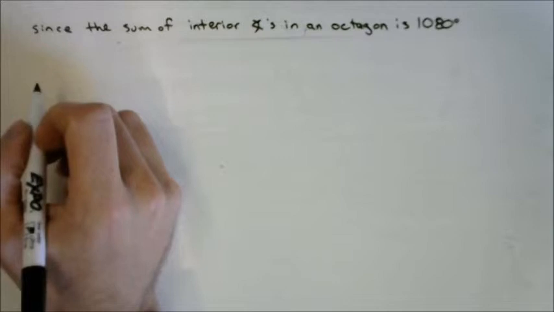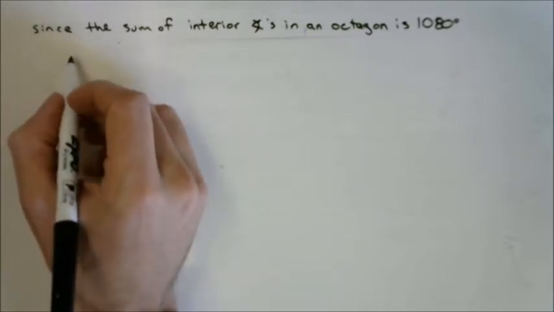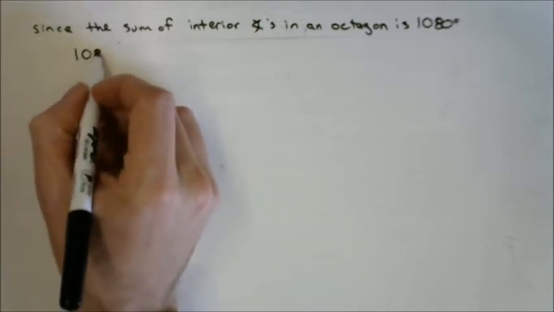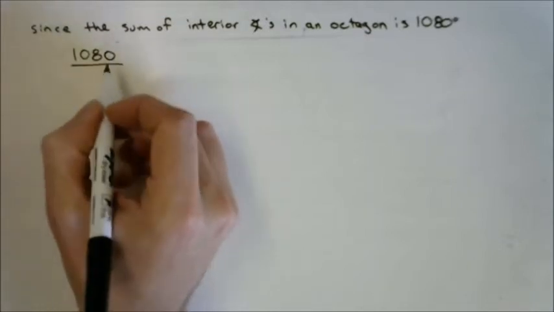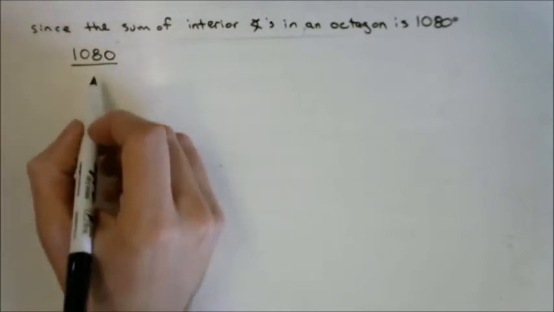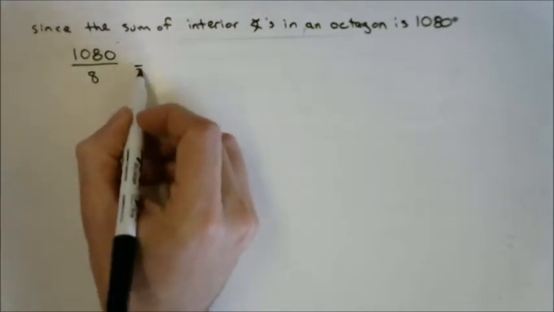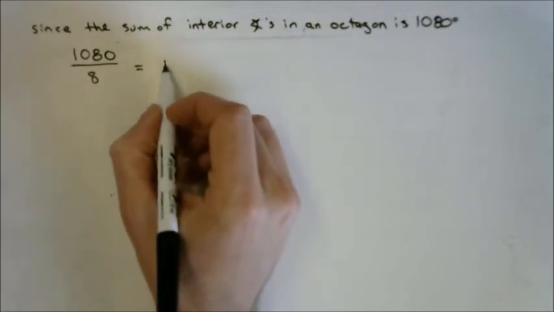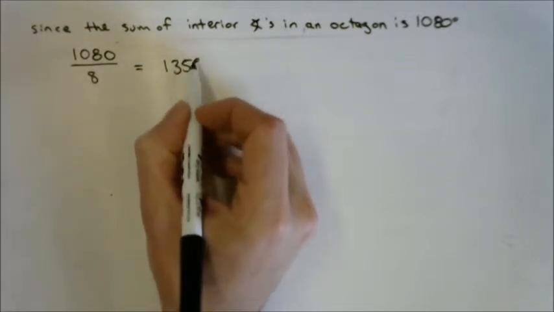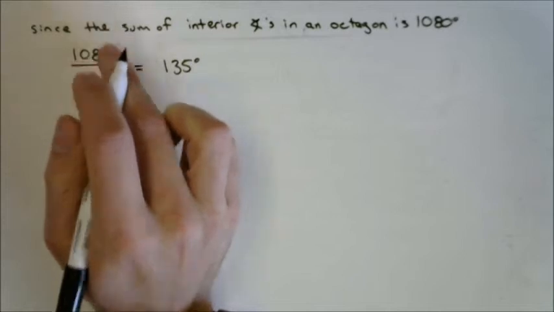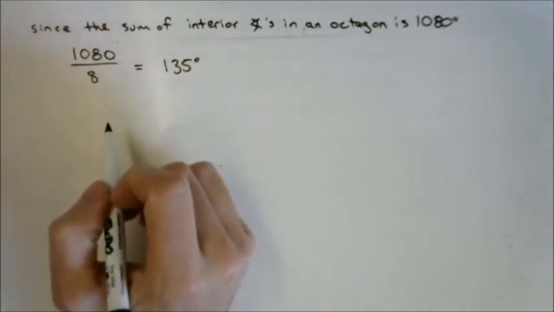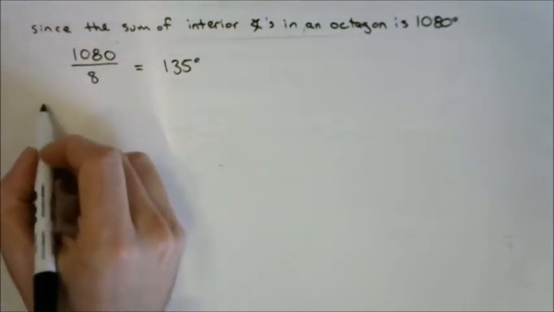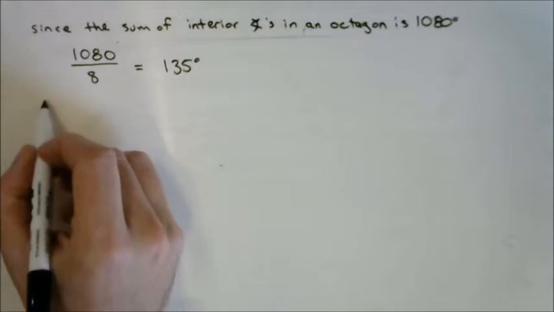We're just going to use the formula though, because that makes the most sense. We take 1080 and divide it by how many angles in an octagon? 8. Divide it by 8, punch that in our calculator, 135 degrees. For each interior angle of a regular octagon, if they were all the same.